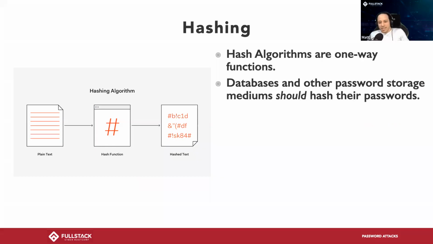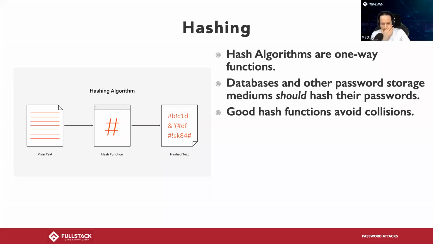So databases and other password storage mediums should be hashing their passwords. That way, if someone does break into their database, all that's there are hashes and not the user's passwords. And again, you have a whole list of hashes. Mathematically, you shouldn't be able to take those hashes and go backwards, right? That's the whole point of the hashing algorithm.